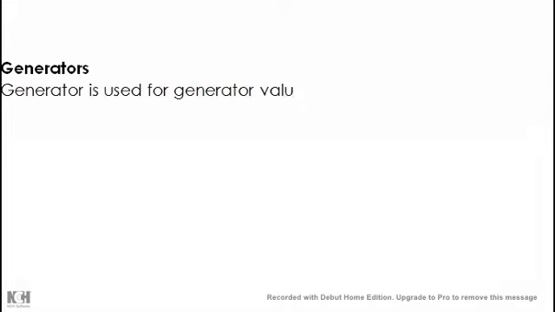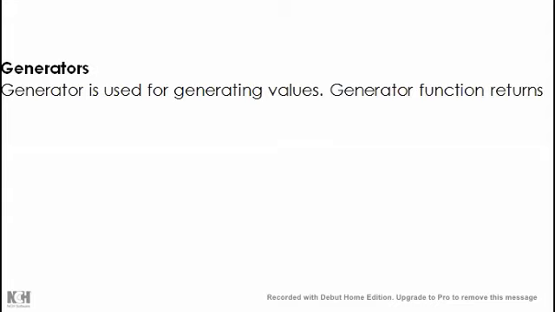A generator function returns a generator iterator object, and using this generator iterator object, you can iterate over the values generated by the generator.